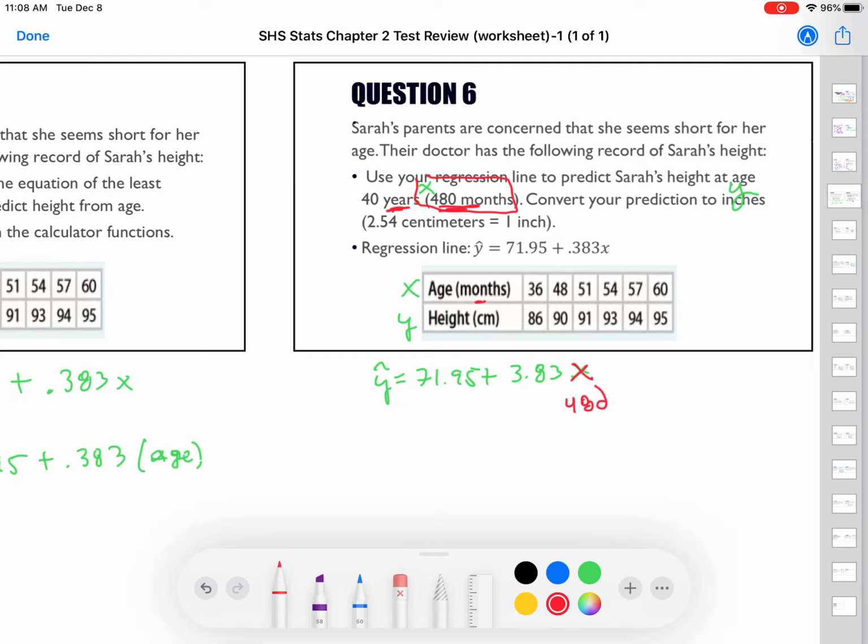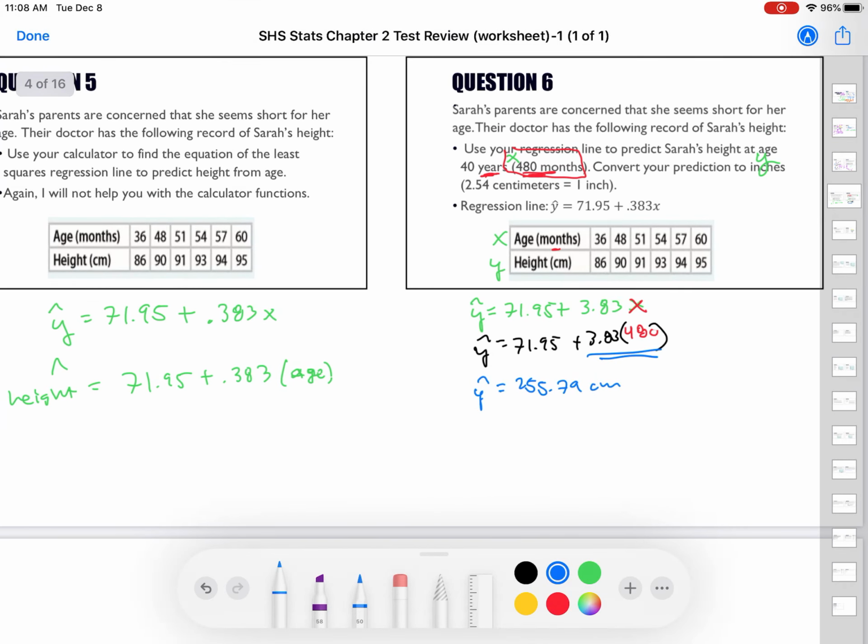So I'm putting that in for my x. Remember, I'm going to use PEMDAS, so I'm going to multiply first, then add 71.95. So my predicted is going to be 255.79 centimeters.